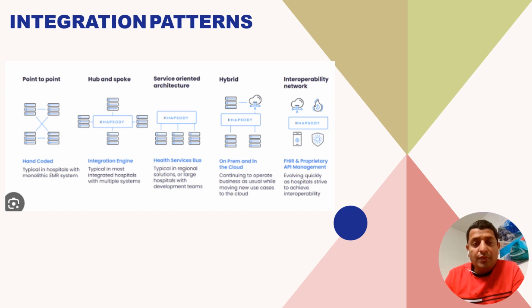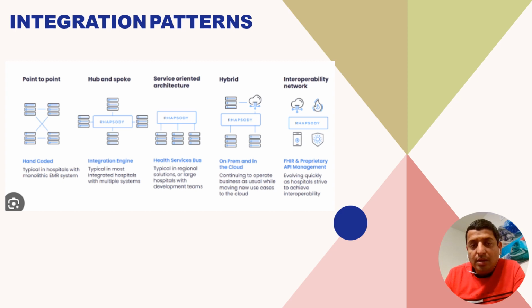Now there are different types of integration patterns. We have point to point, which was typically used in hospitals with a monolithic EMR system. Then we moved on to the hub and spoke model, typically in most integrated hospitals with multiple systems.